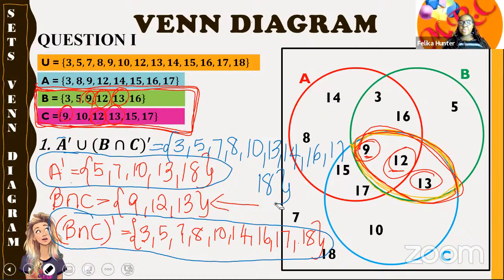When you finish writing, we can move on. So that is A complement union, open bracket, B intersect C complement. Did I leave out 15?